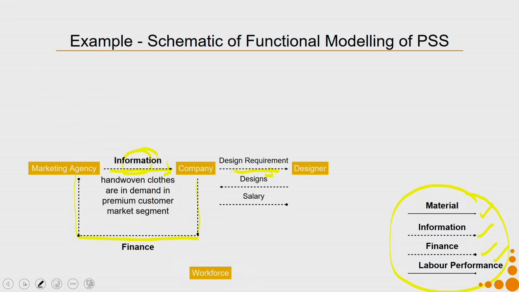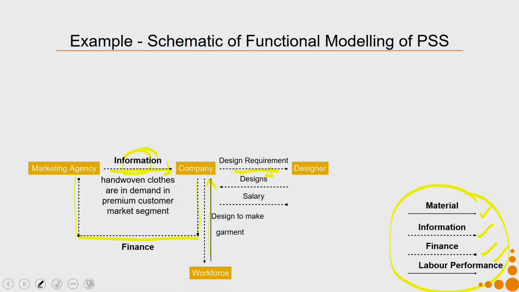Then comes the workforce, people who will manufacture, who will do the hand weaving. So the company gives them a design to make. Now when they have a design to make, that is the information which is passing, they will make the garment. Now when the garment is going to the company, it's a material.